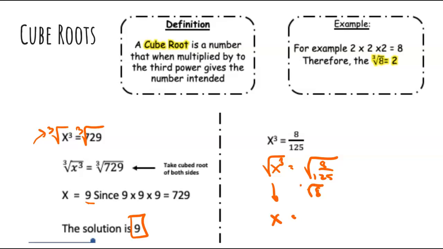I have the cube root of 8, which is 2. 2 times 2 is 4. Times 2 again is 8. The cube root of 125 is 5. 5 times 5 is 25. Multiplied by 5 again gives you 125. So therefore my cube root of that fraction is 2/5.